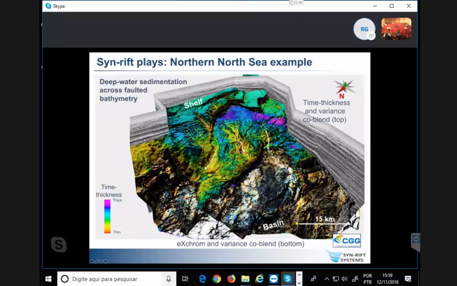In the purples to yellow, red colours is a time thickness map down from an unconformity within synrift units. And in the lower part of this figure is a blended attribute map that tries to image some of the seismic geomorphology on the horizon.